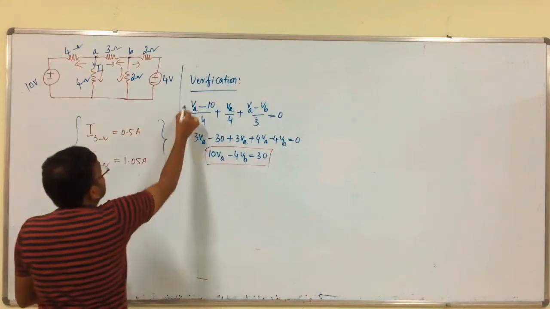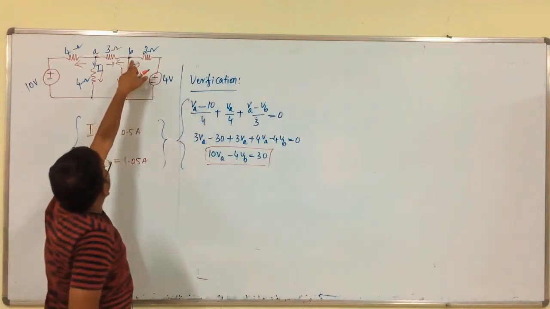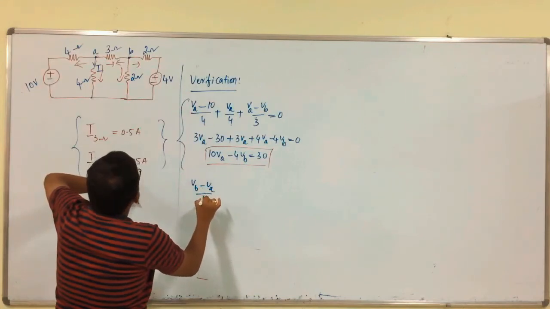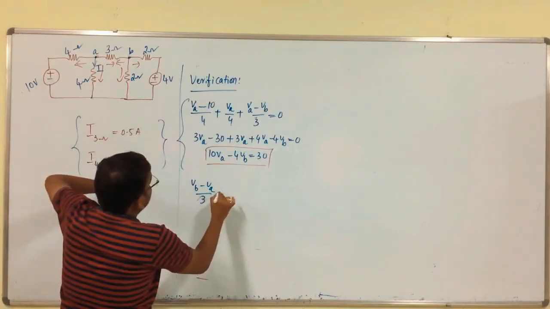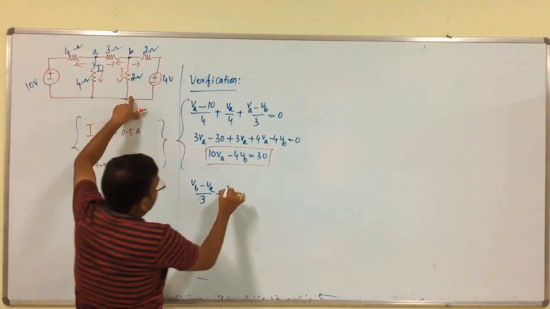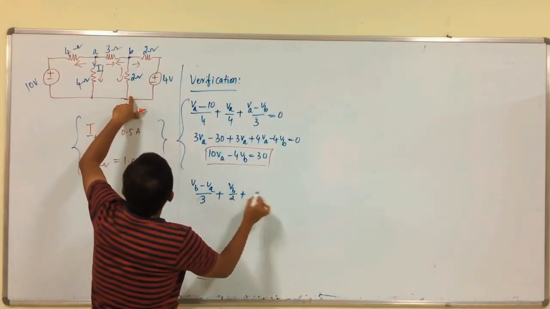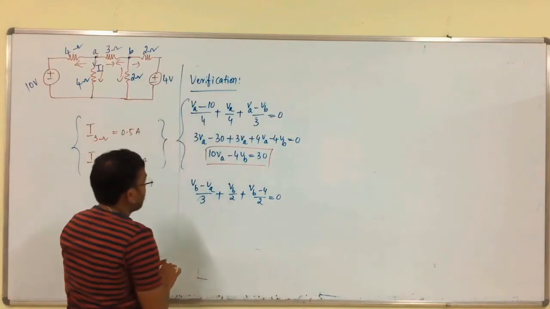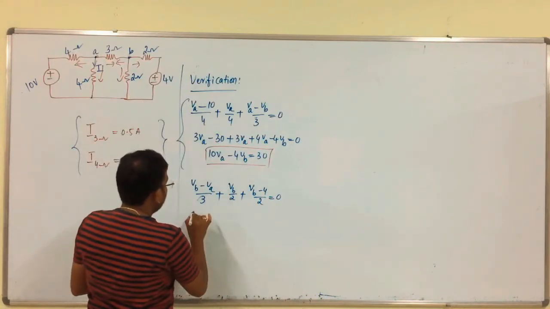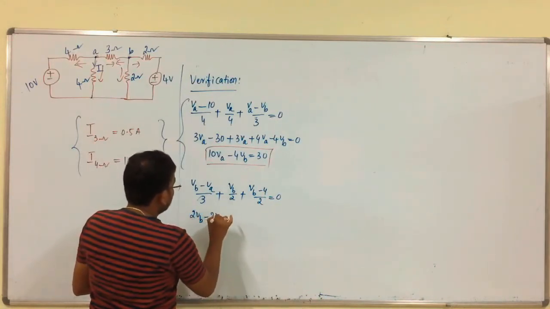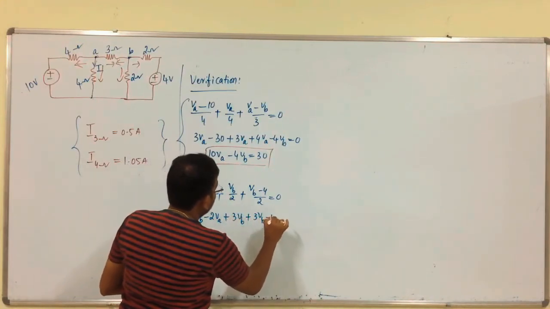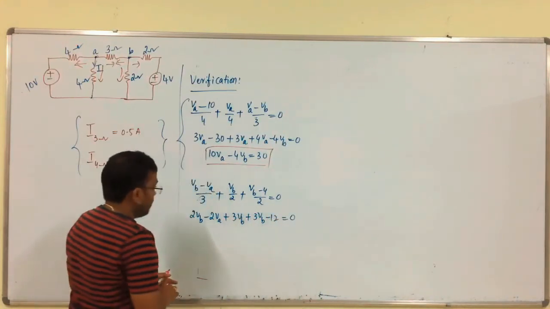At this node B, VB minus VA by 3 plus VB by 2 plus VB minus 4 by 2, which is equal to 0. That is 2 VB minus 2 VA plus 3 VB plus 3 VB minus 12 is equal to 0.